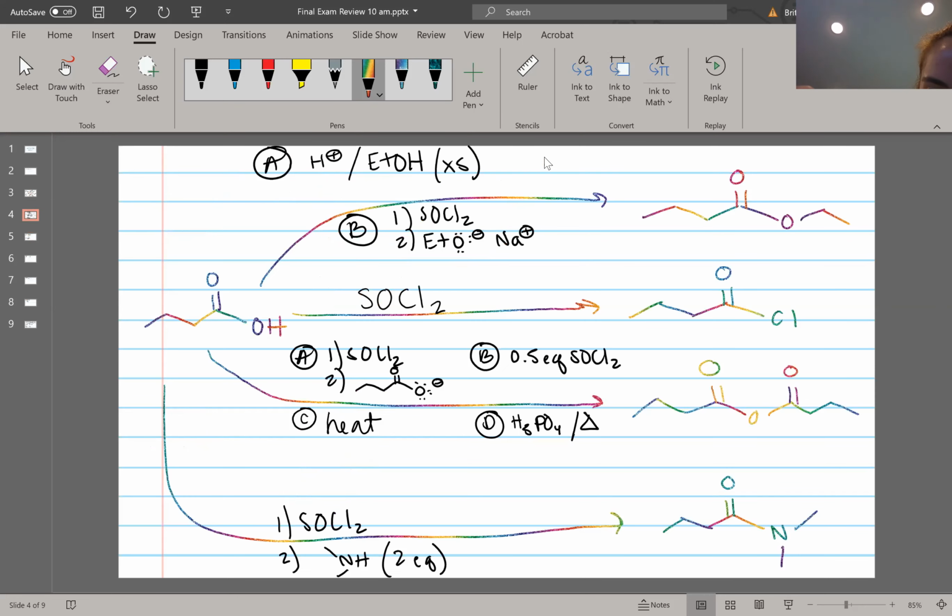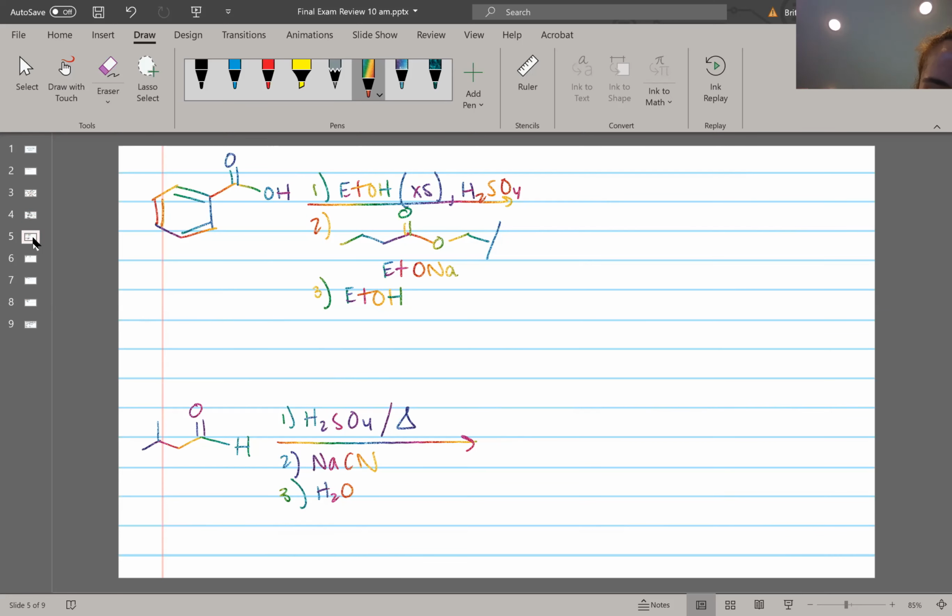So after step one, we would have an ethyl ester. And then in step two, we're adding in another ester and also ethoxide. Why would we do that?